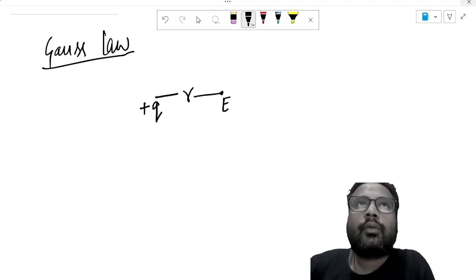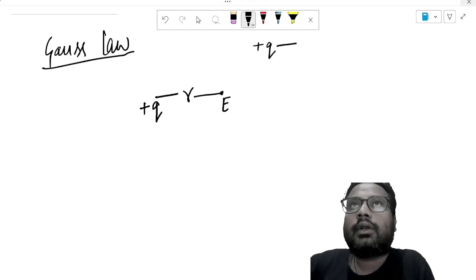So we know that the electric field due to plus q charge at certain distance will be along this direction, straight line.